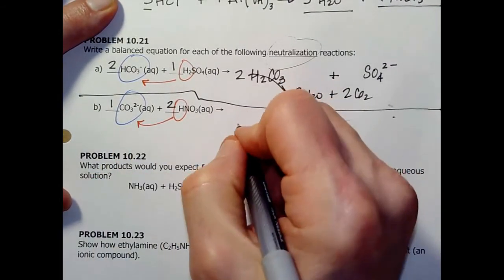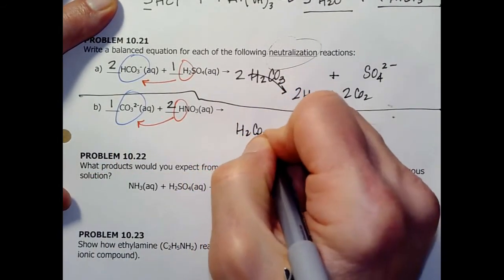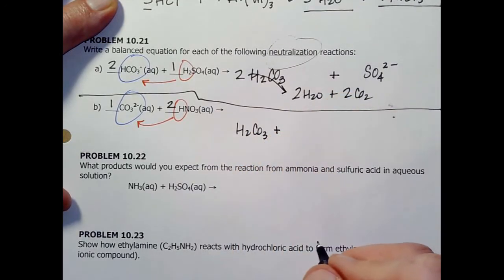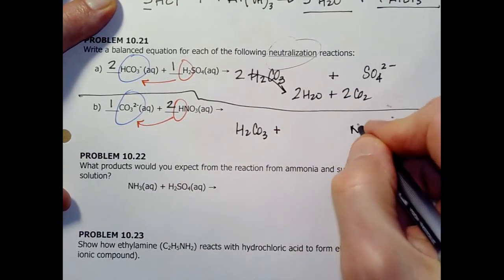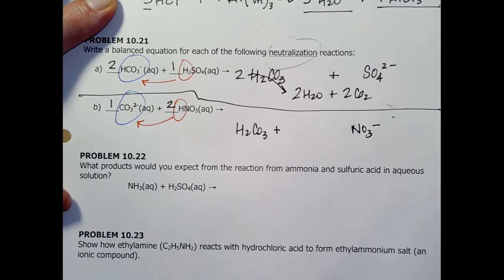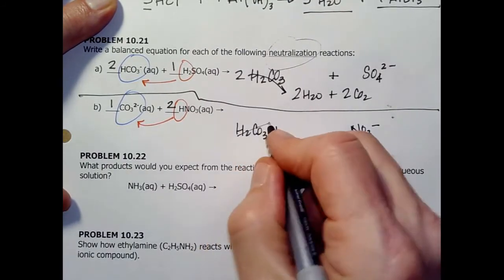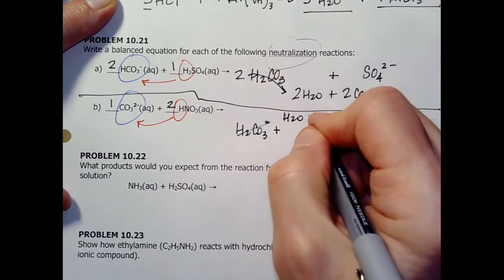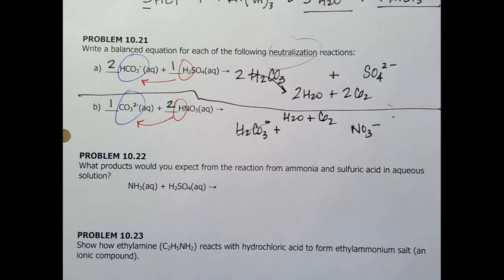Similarly here, I go, okay, I've got H2CO3 plus. The only leftover I've got is nitrate. And I think, oh, wait a minute, that's not stable. That's going to break down into H2O plus CO2.